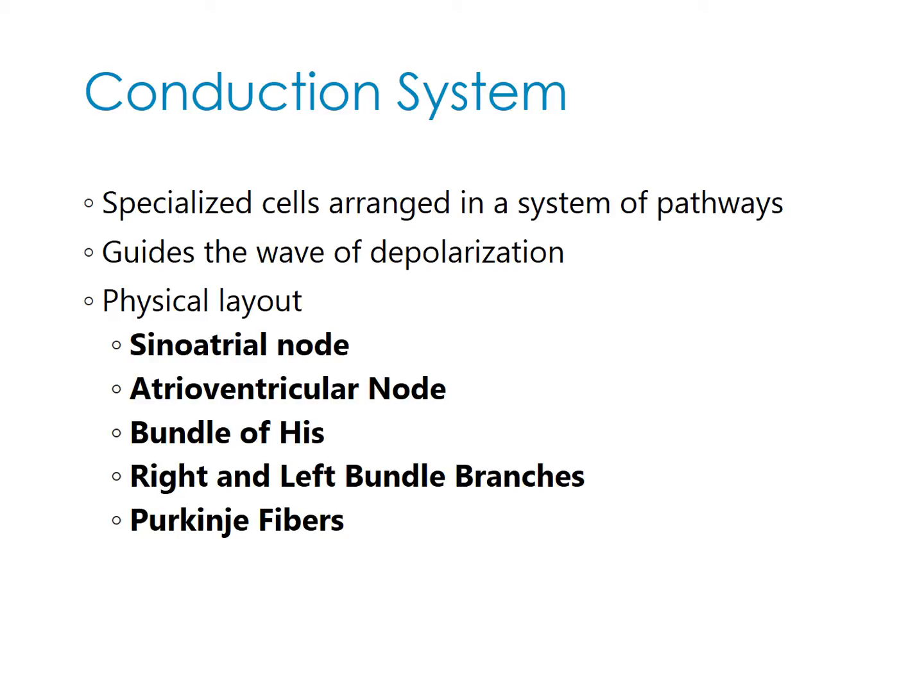The physical layout of the conduction system includes your sinoatrial node, also referred to as the SA node, your atrioventricular node, which is the AV node, the bundle of His, also called the AV junction, then the right and left bundle branches and the Purkinje fibers. This is how the conduction system travels through your heart, and I'm going to go through each of these sections next.